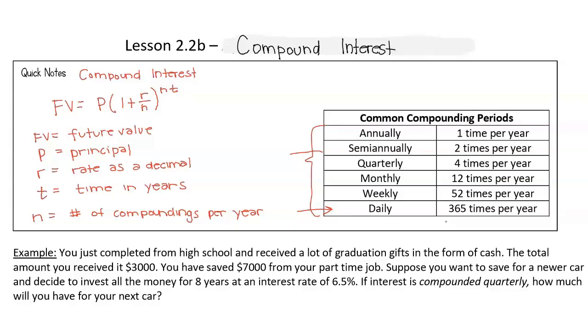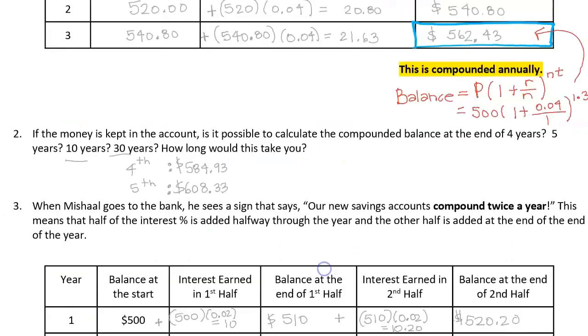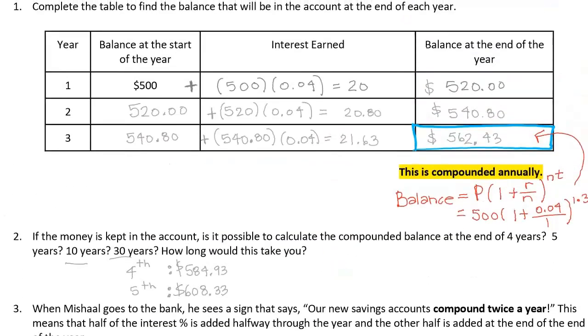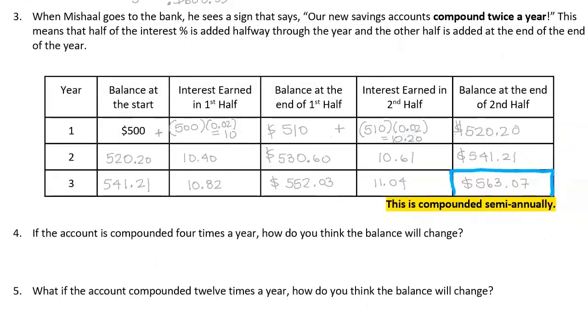Let's go back to the previous page. The first problem said that it was compounded annually, which is why this denominator here and also the exponent had the 1, because little n was 1 compounding per year. In problem 3, this says that it was compounded semi-annually, so little n would be 2.